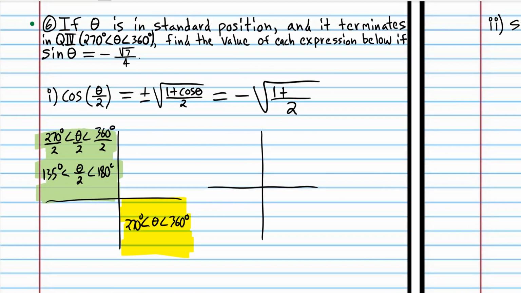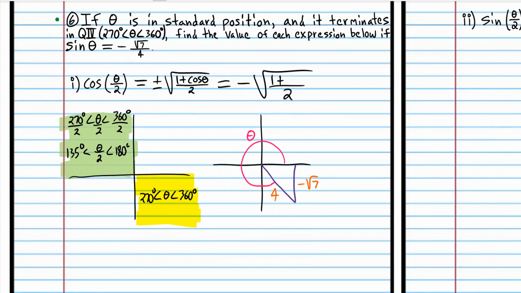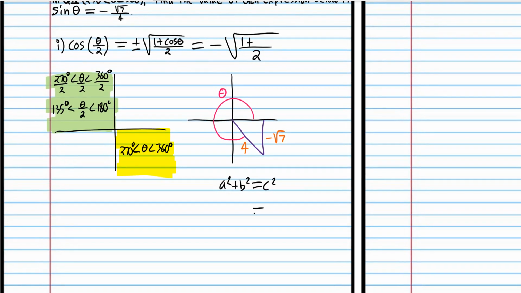We know theta is in the fourth quadrant. So I'm going to draw a hypothetical theta and a hypothetical triangle. And we know sine theta is negative root 7 over 4. And so now we have to use the Pythagorean theorem to help us find the missing side. So we have 4 squared is equal to b squared plus a squared.